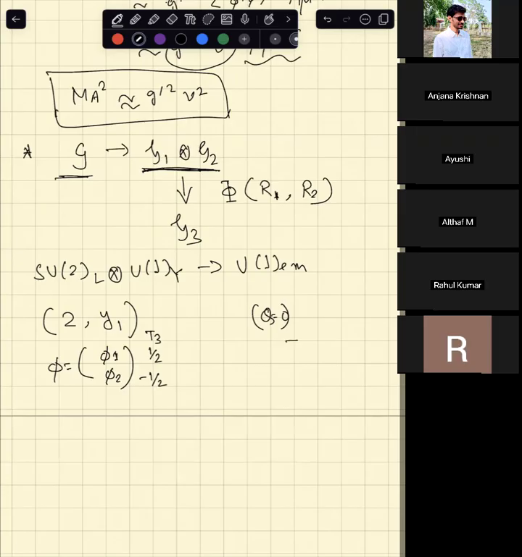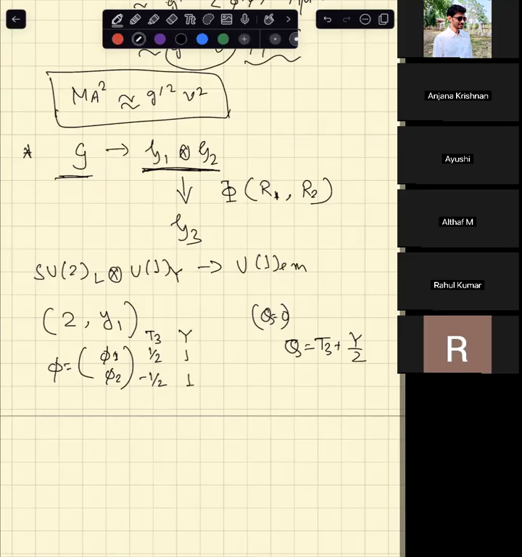And we know this is the relation Q equals T3 plus Y by 2. So if I have to assign the hypercharge of these two fields, I can assign only one, and that is basically half and half. And then, sorry, 1 and 1, because I'm using a different normalization. So it's 1 and 1.